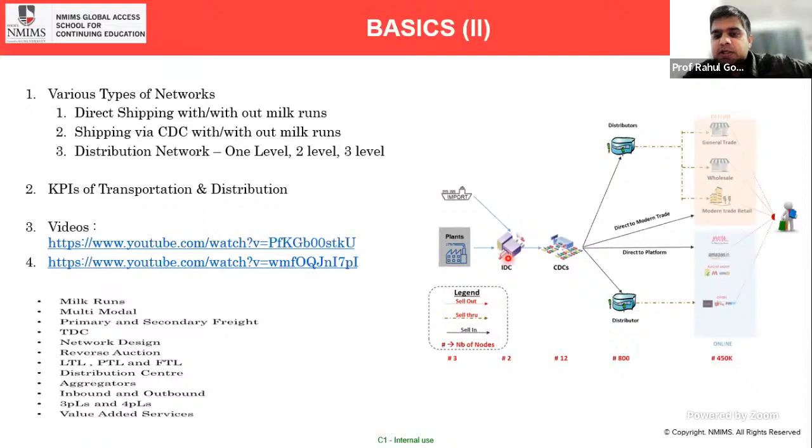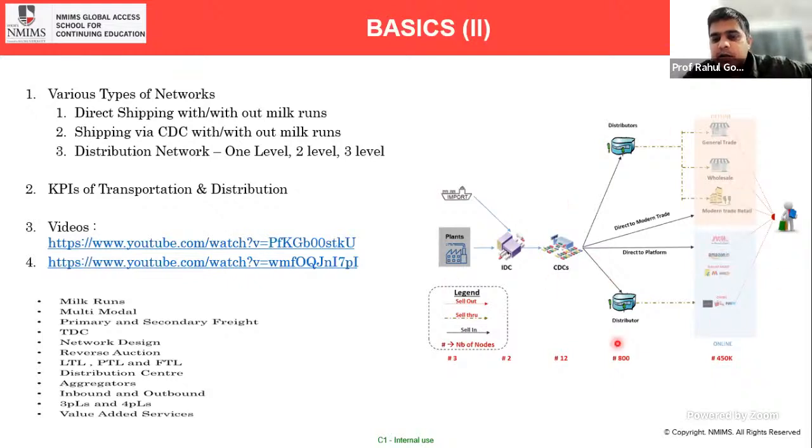These 2 international distribution centers are servicing 12 central or regional warehouses, and these 12 CFAs or DCs are servicing about 800 distributors, and these 800 distributors are then supplying almost 500,000 retailers: general trade, wholesale, modern trade, e-commerce.